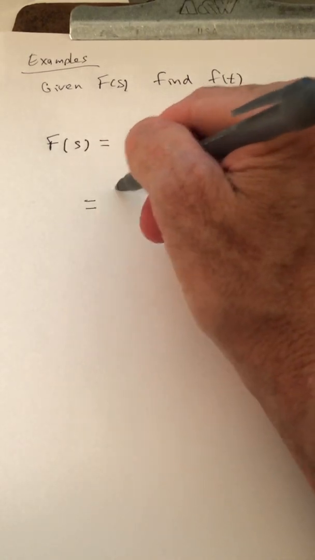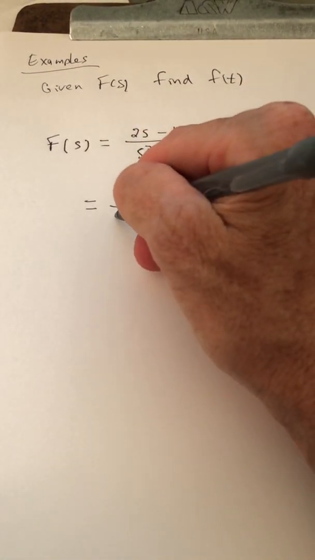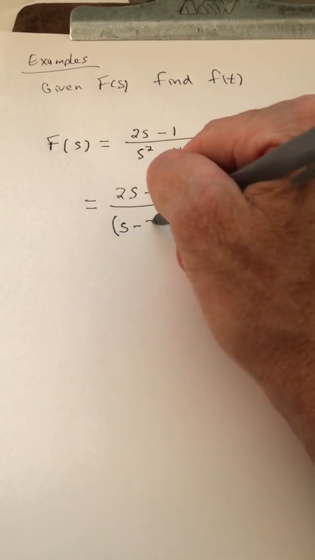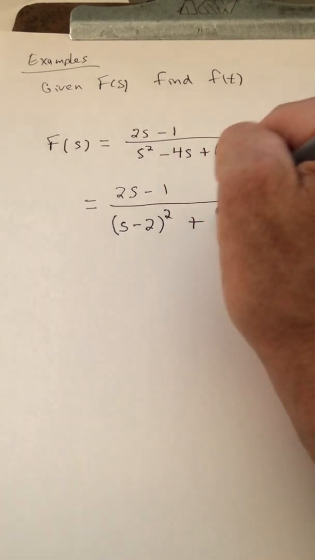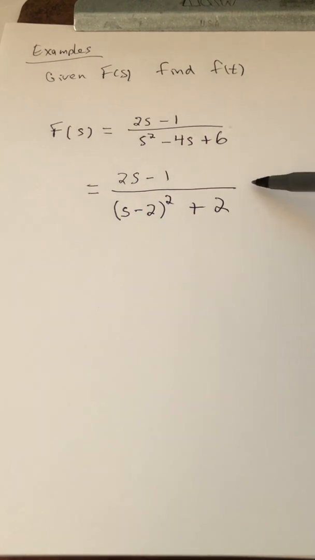But what we'll do is rewrite the denominator as s minus 2, the quantity squared, plus 2. We just complete the square. So far it's just been some algebra. We're going to do some more algebra.